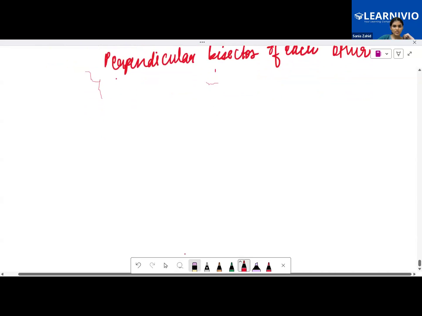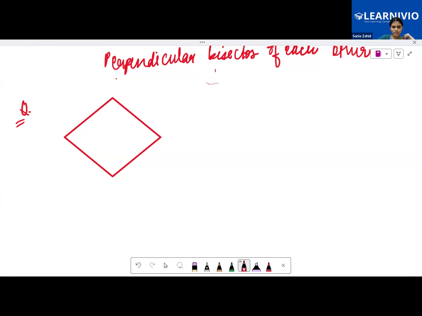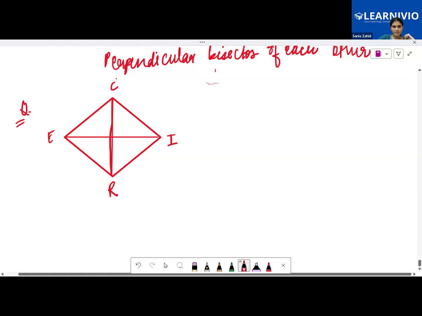The question says, you have a rhombus which is E, C, I, R, and you have the diagonals, basically.